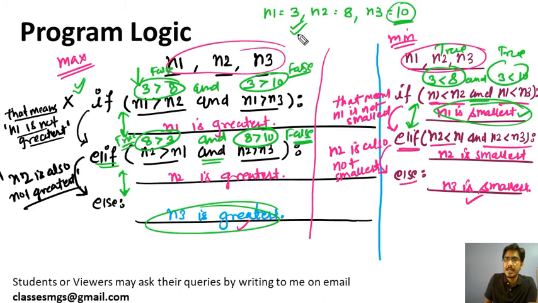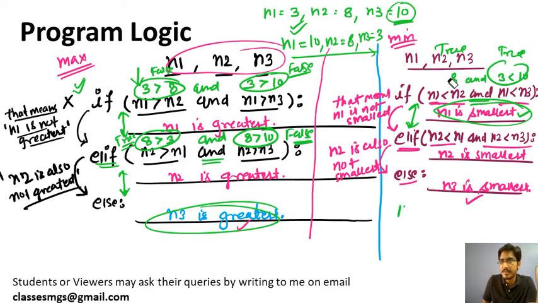Let me take another input set for the simplest case. Let me write down this is the maximum. Let's suppose n2 is having 8, and n3 is having 3. Let's reverse the input so that we go up to down. Now in this case n1 becomes 10.